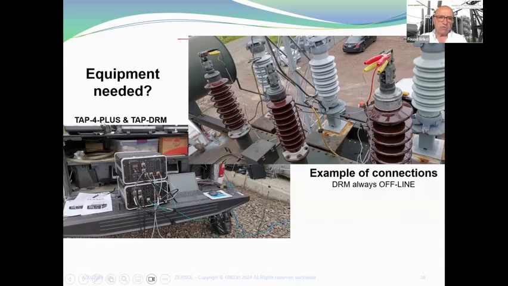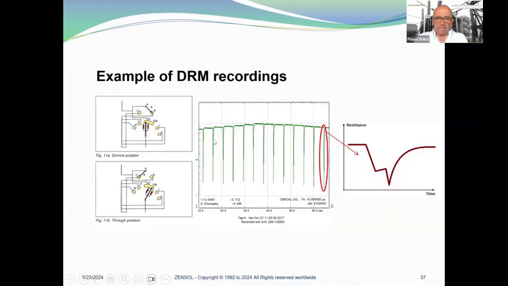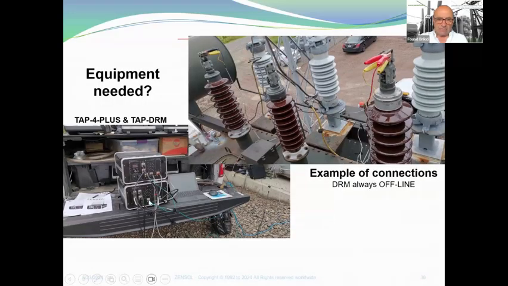It is like the new generation of the previous instrument whose name was TAP 4. And typically we also have this accessory that we call TAP DRM, dynamic resistance, which is in fact a current source. And of course, the tap changer must be offline.